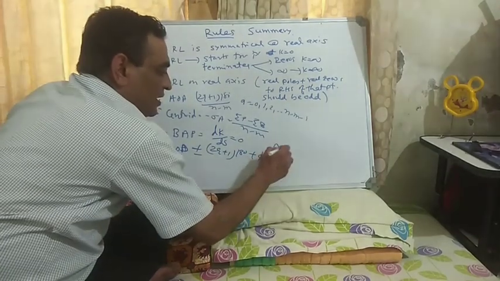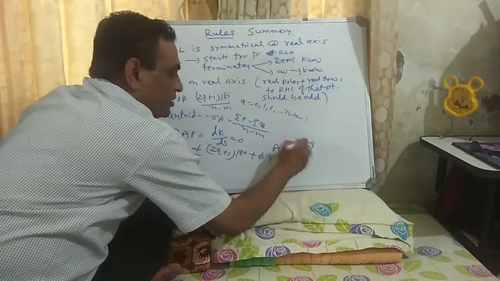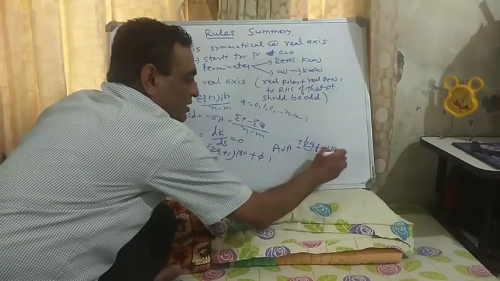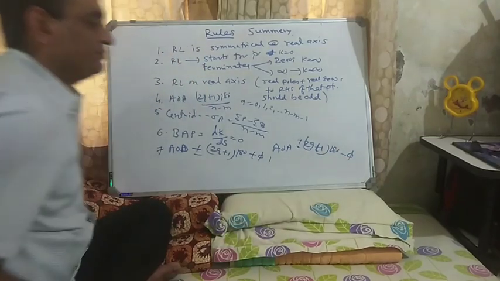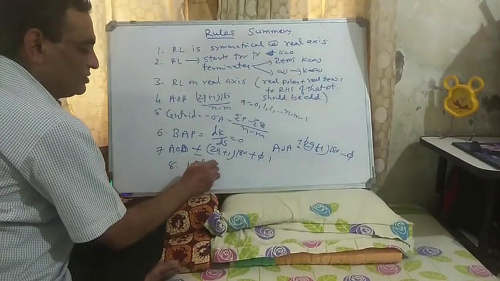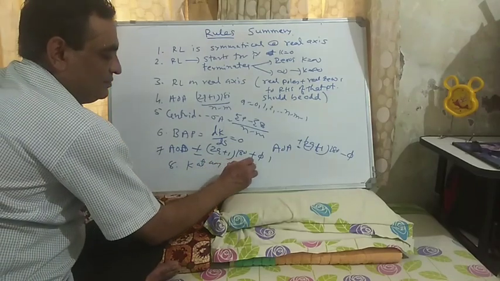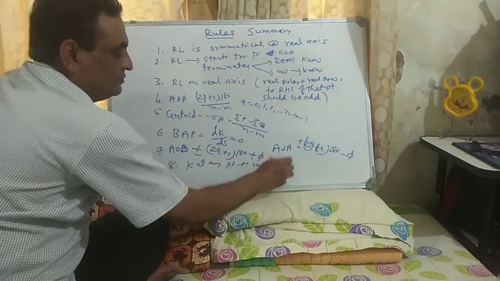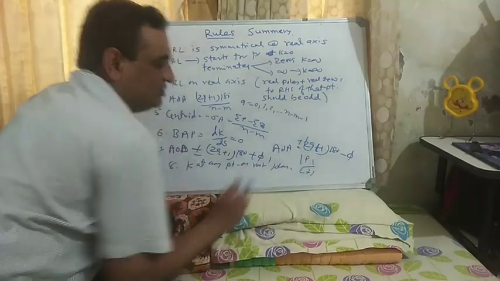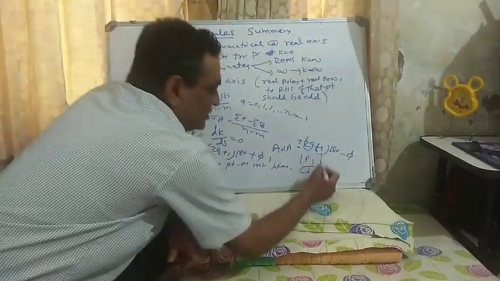Then angle of arrival, here plus or minus (2q plus 1) into 180 minus phi. Then eighth, K at any point on the root locus that we have seen, that is magnitude of poles upon magnitude of zeros, at s equal to s1.